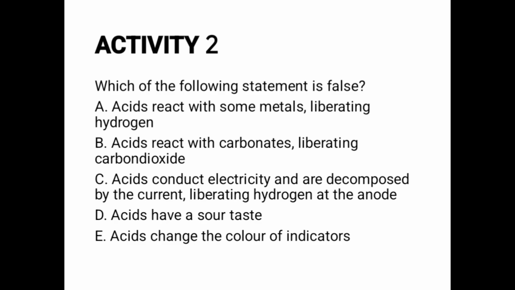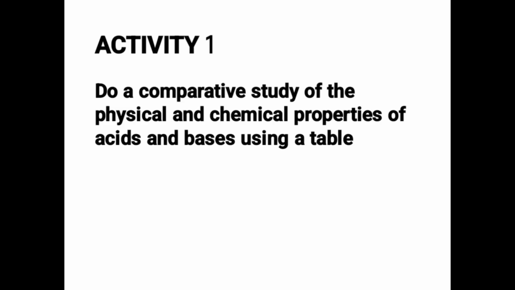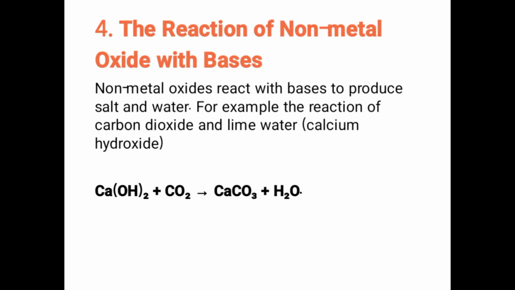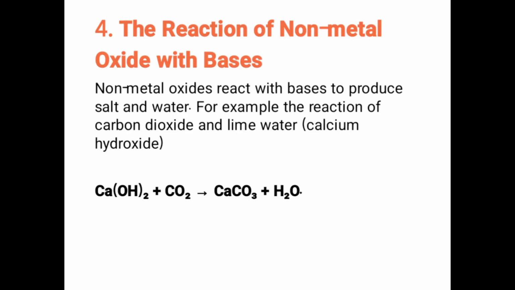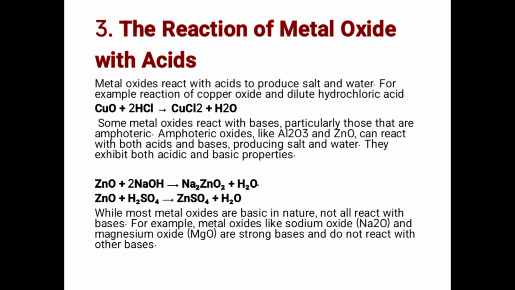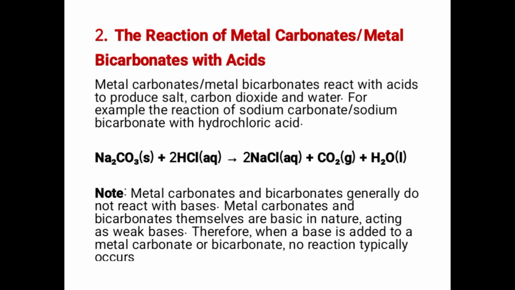In summary, let's look at what we have said so far. We have talked about the chemical properties, that is, the neutralization reaction between acid and base. We've talked about the reaction of non-metal oxides with bases. We've talked about the reaction of metal oxides with acid, and we have emphasized that only amphoteric oxides can react with a base in this context.